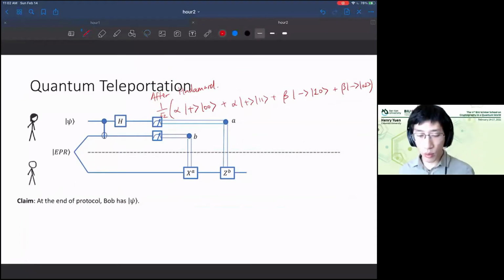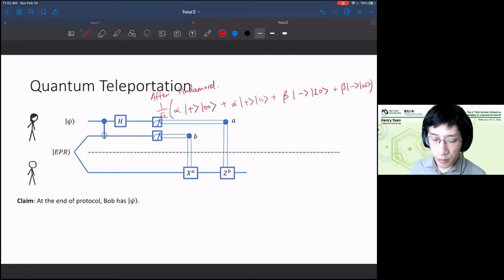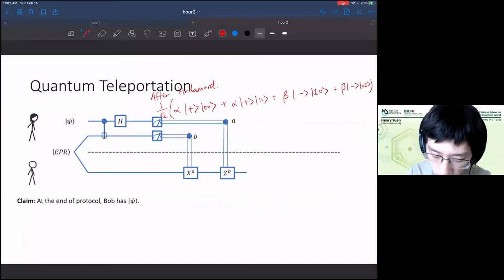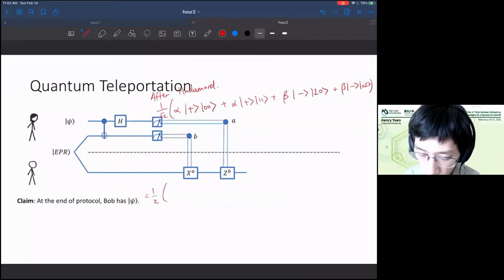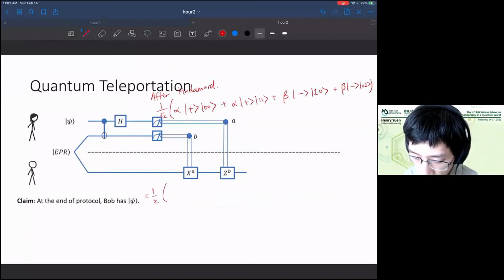Okay, and we're going to measure it. So to really figure out what we have, we should write everything out in the standard basis. And so if you do all the algebra, you expand everything out, you should get 1/2, and then, well, there turns out to be a lot of terms.